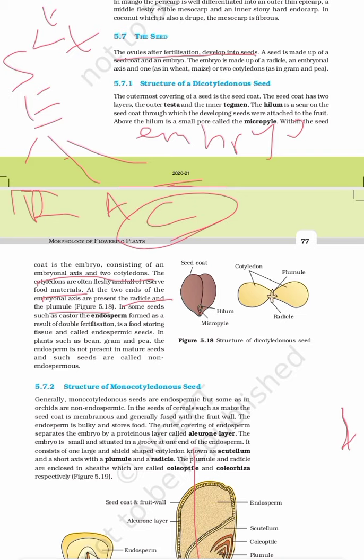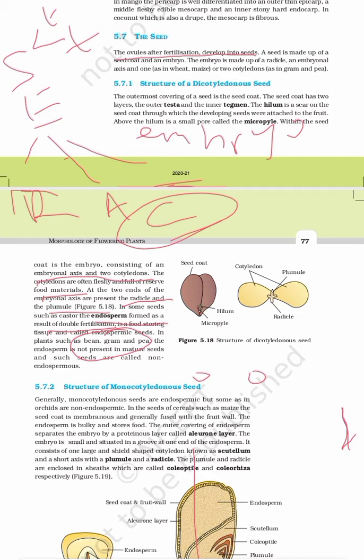In some seeds, endosperm is formed as a result of double fertilization. So what happens? The food storing tissue is there, called endospermic tissue. In double fertilization, one part is for food storage, and one is for growth of the fruit from the flower.